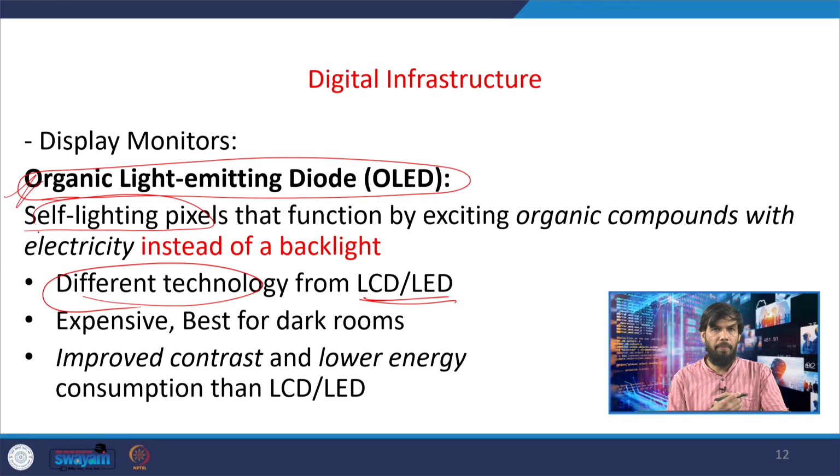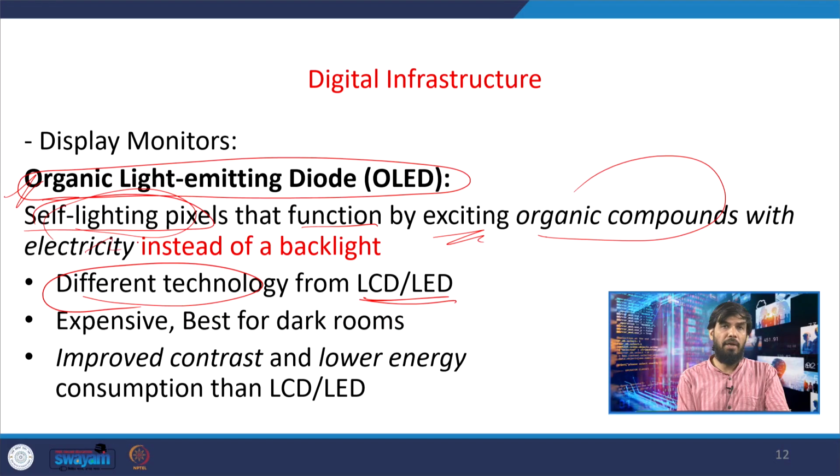Earlier we were talking about the backlight in both LCD and LED, a fluorescent tube or light emitting diodes, but here the pixels themselves are self-lighting. And how is that happening? These self-lighting pixels function by exciting organic compounds with electricity. Electricity is applied to the organic compounds, and using that we get self-lighting pixels.